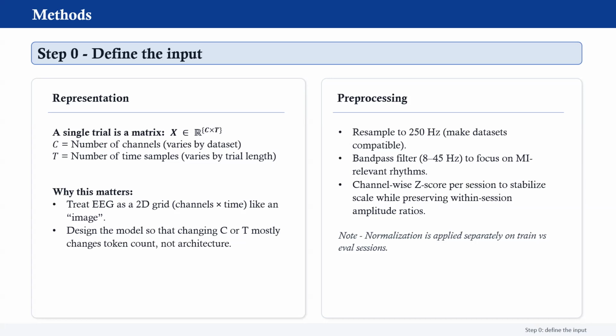And it's called imagery because you have a visual input. Generally, for motor imagery tasks, you would tend to filter the signal between 8 and 45 hertz. This choice is entirely dependent on clinical studies that have determined this frequency range to be important for motor imagery tasks. That is why they have chosen this range. And then they've just done channel-wise z-scoring to stabilize the scale and preserve within-session amplitudes.